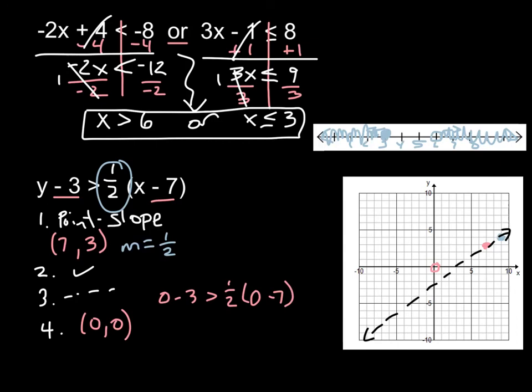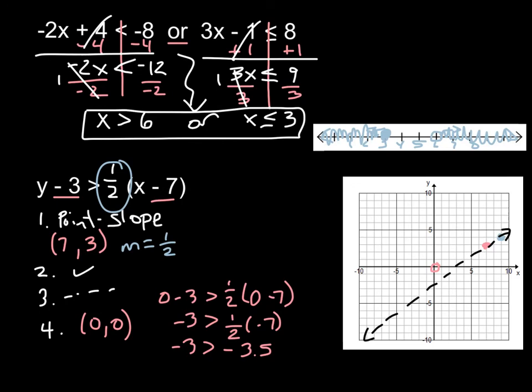All right, so 0 minus 3 is negative 3, is greater than 1/2 times 0 minus 7, which is negative 7. So now we have negative 3 is greater than 1/2 of negative 7. Well, 1/2 of negative 7 is negative 3.5. So this one we have to think about a little bit. Is negative 3 greater than negative 3.5?